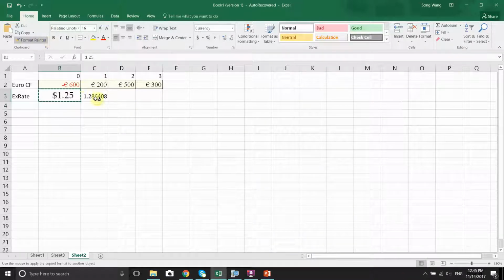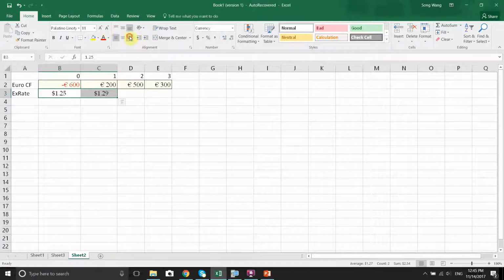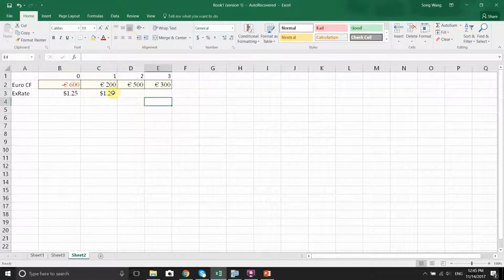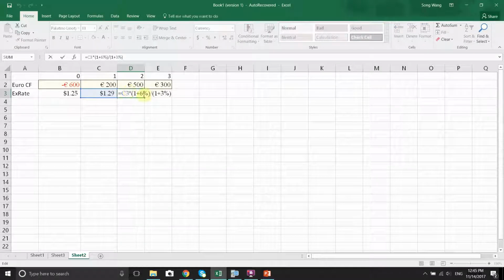So that's the exchange rate a year later. Make it smaller. Okay, and then I just drag it. You see the exchange rate 2 years later is based on the exchange rate in the first year times the same multiplier, which is 1 plus US inflation divided by 1 plus euro inflation.